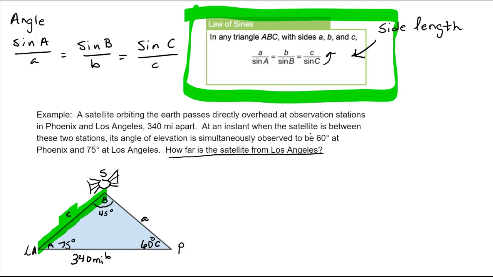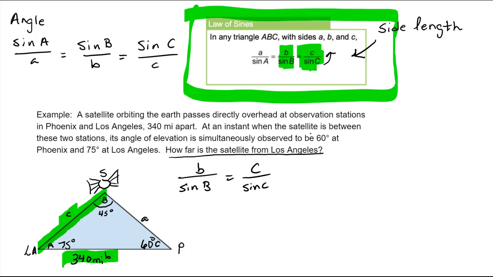We know the angle B. Well, actually, we know the side B. So we're going to use b over sine B. And then we're looking for side C, so we've got to use this as well. So this is the version of the formula we're going to look at. We're going to say b over the sine of B equals c over the sine of C. Okay, and it's going to look just like that.